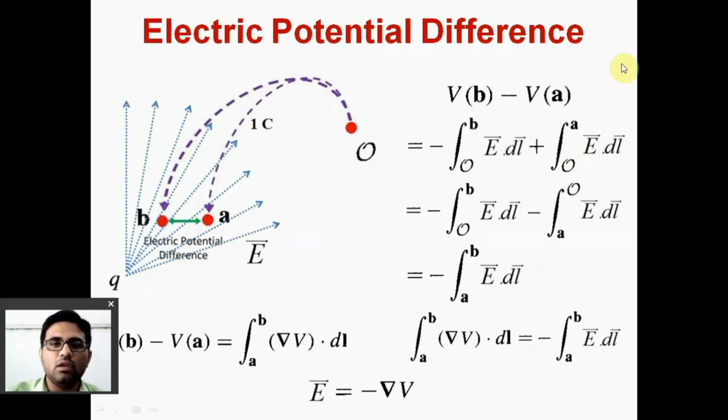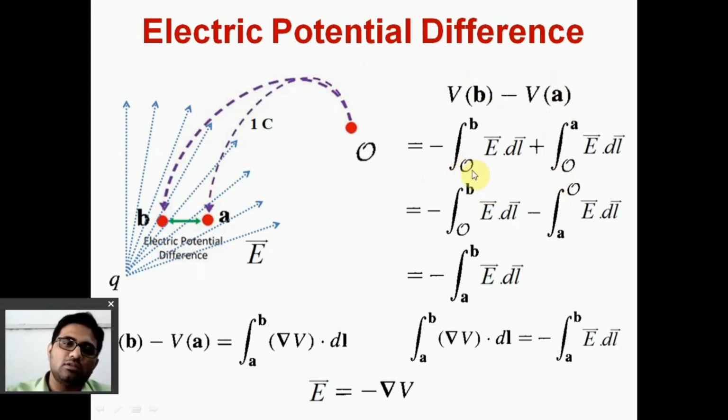Now let's discuss what the electric potential difference is. Initially we are placing the charge here. Then, if we place the charge at point P, what will happen? If we find the potential at point B and the potential at point A, that can be written like this, right?